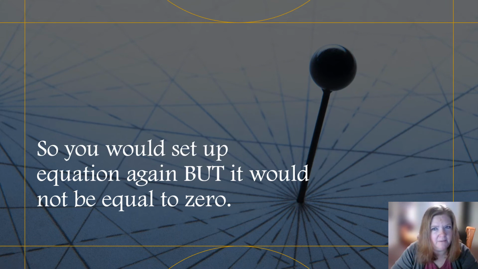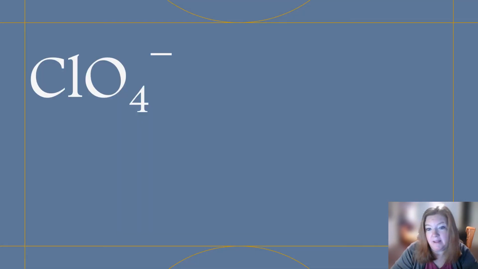Let me show you what I mean. Here's a polyatomic ion. Let's set up an equation. How many Cl's? 1. How many oxygens? 4. But this time, it's a polyatomic ion. Do you see a charge? Yes, you do. So I do not set it equal to 0. I set it equal to the charge, like this.